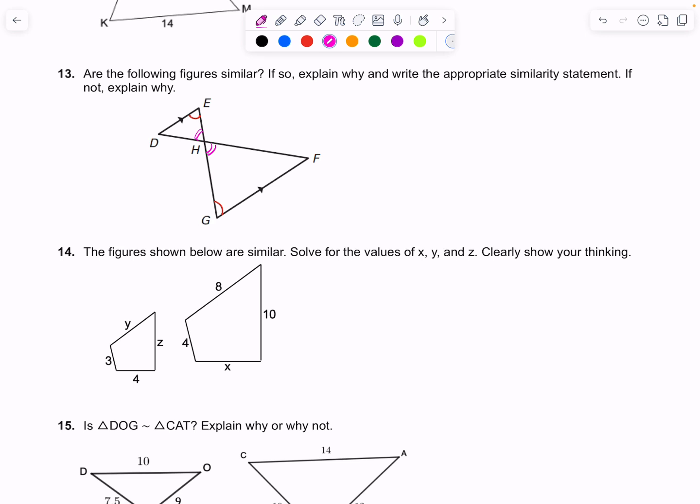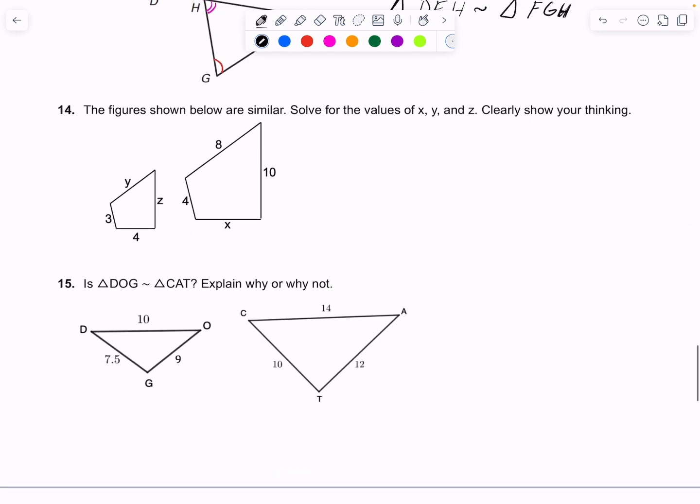So by angle-angle similarity, I can write a similarity statement for these two triangles. I'm going to write DEH is similar to, so the E's got to match with the G, so I say F, and then GH. All right, so that's 13.